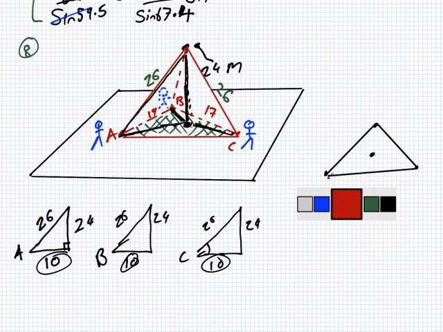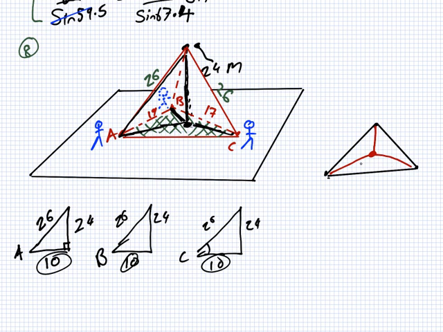This distance is 10, this is 10, and this is 10. These are all 10. You know this here is 19. You know this is 17. You know this is 10, this is 10, this is 10.